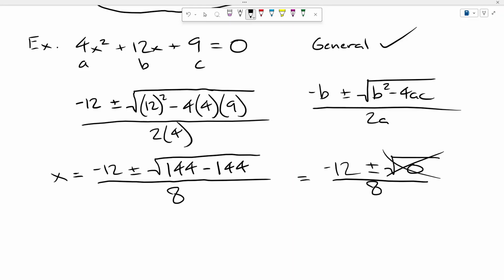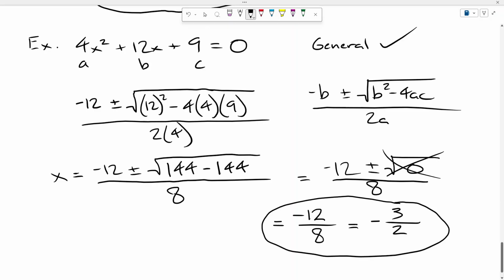So we can take that out altogether in this case. So we're just left with negative 12 over 8. So this one only had one solution. And if you want to, you can simplify that down. If we divide each part by 4, we'd end up with 3 over 2, so either or. So that is our final solution for that one.